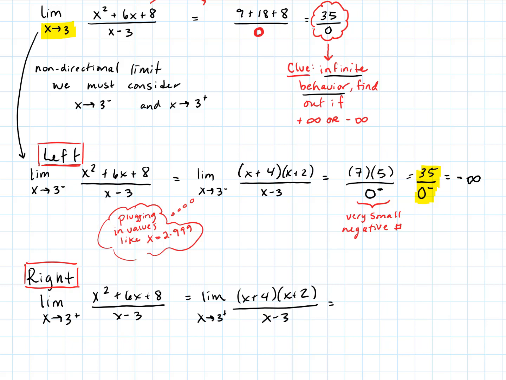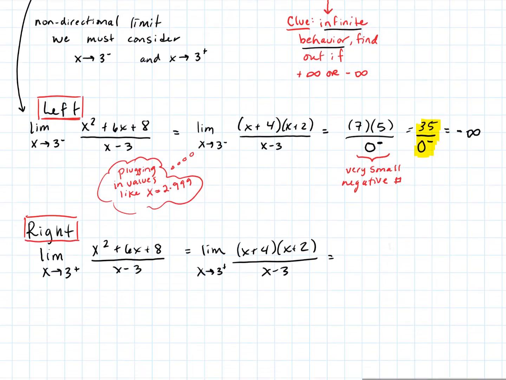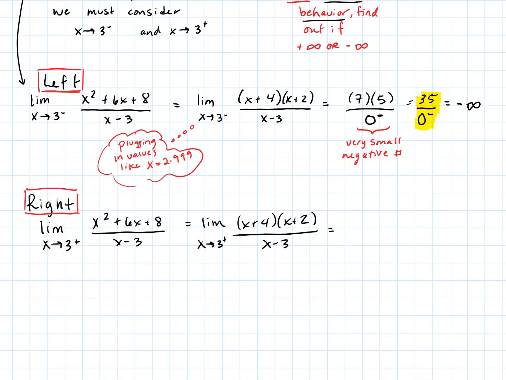The numerator is going to look similar when I do this computation, except this time, in my thought bubble, I am plugging in values to the right of 3. If we come from the right side of 3, those are values like x equals 3.001.